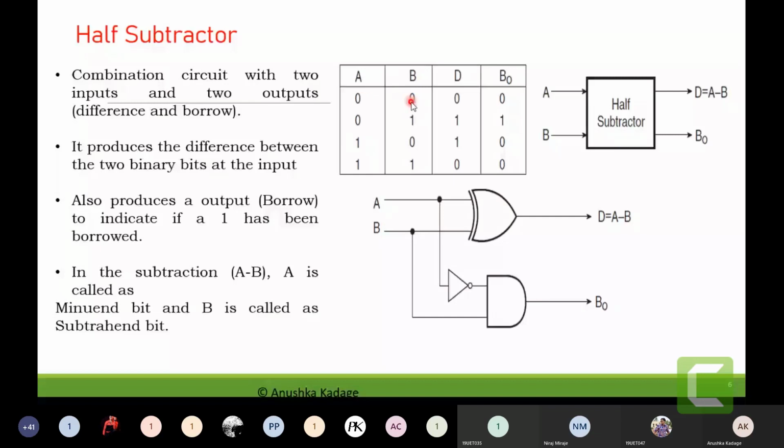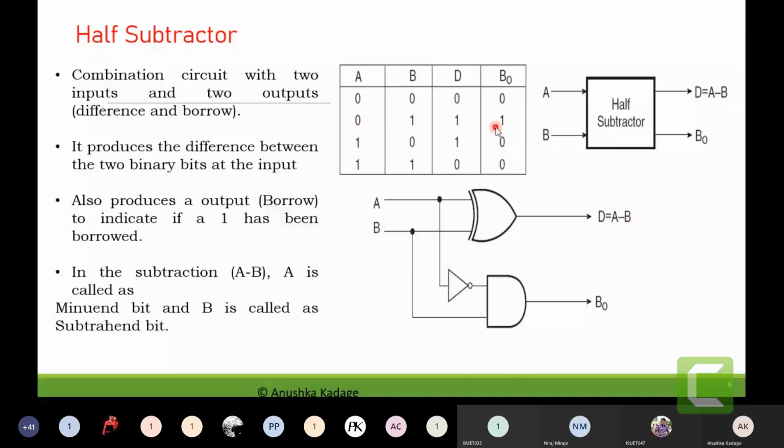So for the 0, 0 input combination, the difference is 0 with borrow generated as 0. For the input combination of 0, 1, the difference is calculated as A minus B. Because of that, when A is 0 and B is 1, the difference value is 1 with the generated borrow as 1.